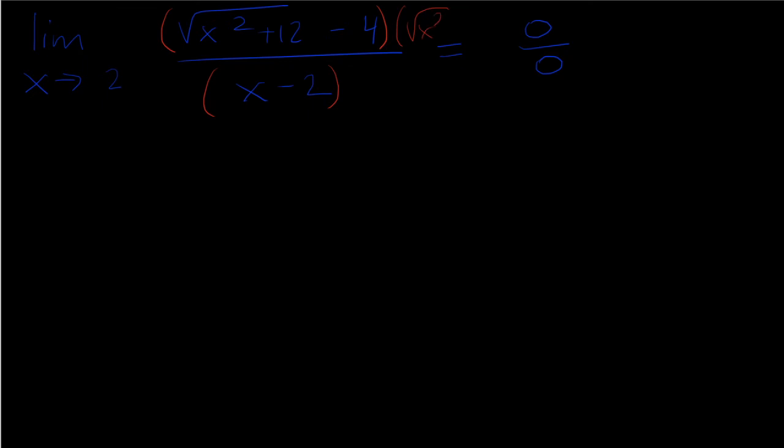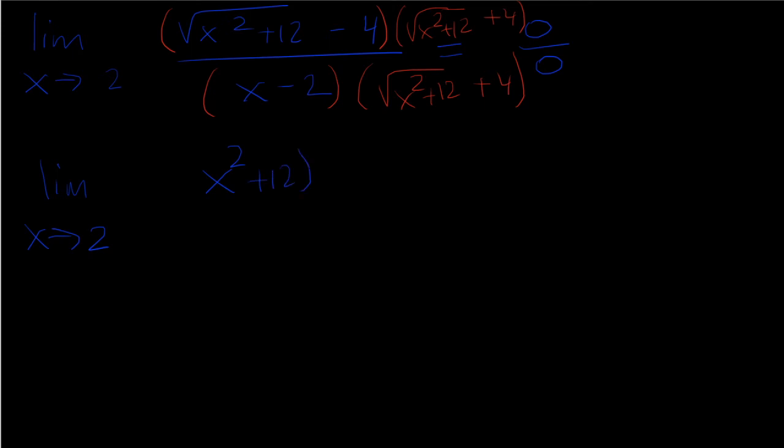So that will be the square root of x squared plus 12, plus 4. I'm going to then multiply, so I have a difference of 2 squares at the top. That's going to leave me with x squared plus 12 minus 16 over x minus 2 times square root of x squared plus 12, and then plus 4.